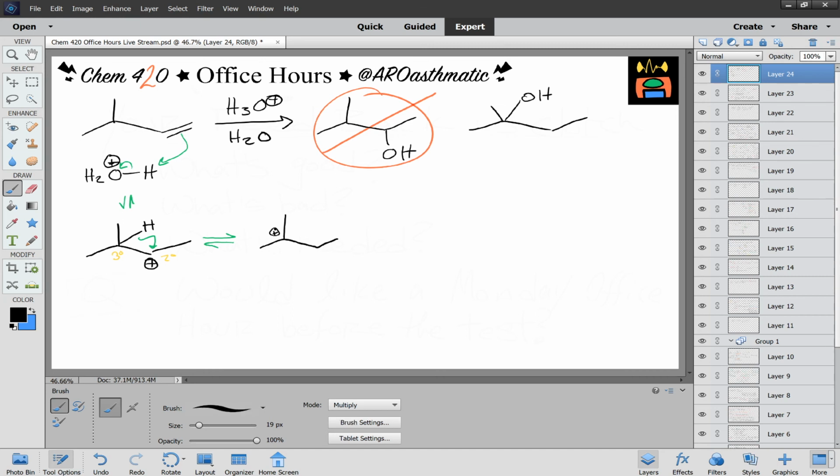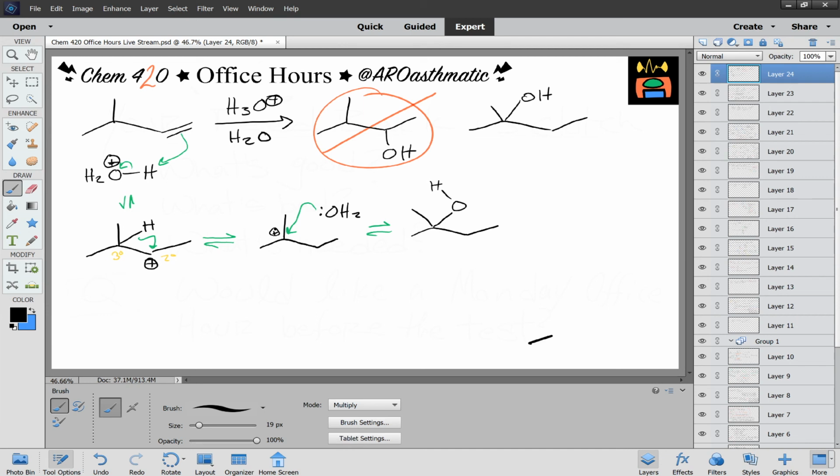And when we do, our oxygen on water attacks. We make our new carbon-oxygen bond. Whoa! Or some weird alien symbol. There we go.